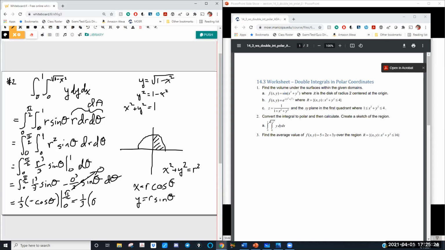And then negative, so cosine of 0 is 1, but we have to make that negative. So we end up with minus a -1, which turns it positive. So we end up with 1/3 times 1, or 1/3. So a lot of these integrals end up actually not being that bad. All right.